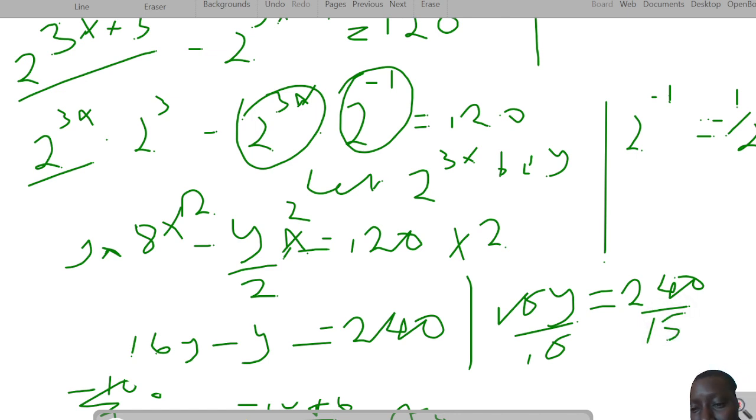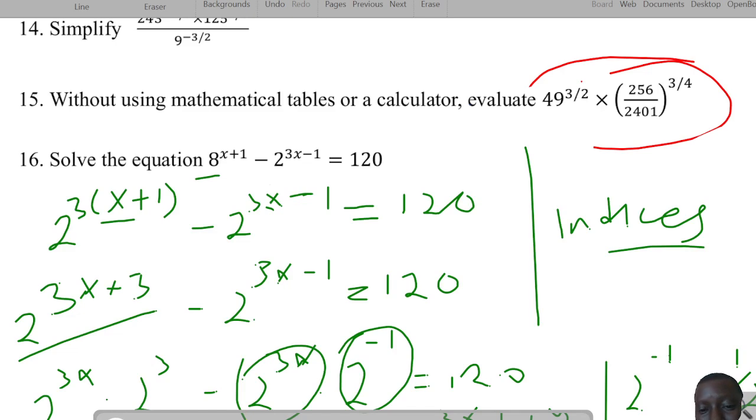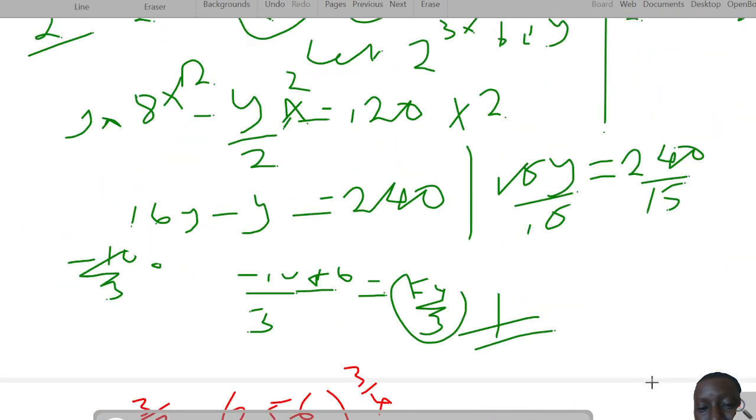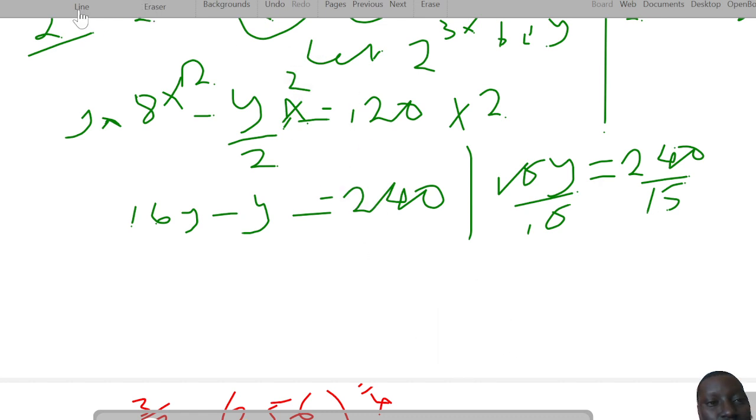So what is the value of y? 240 divided by 15, that one gives us 16. So class, it implies that our value of y is 16, and now that the value of y is 16, we should be able to substitute back.